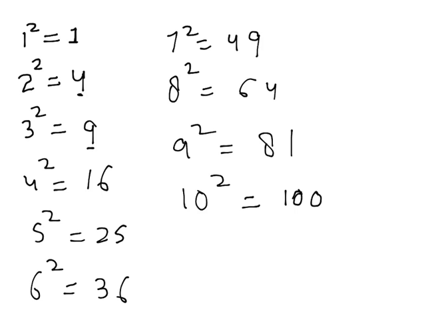In 16, 6 is at the unit place and 1 at the tens place. So we have 6 at the unit place. We will concentrate only on the unit place. In 25 we have 5. In 36 again we have 6. In 7 squared we have 9. In 8 squared we have 4. In 9 squared we have 1. And in 10 squared we have 0.